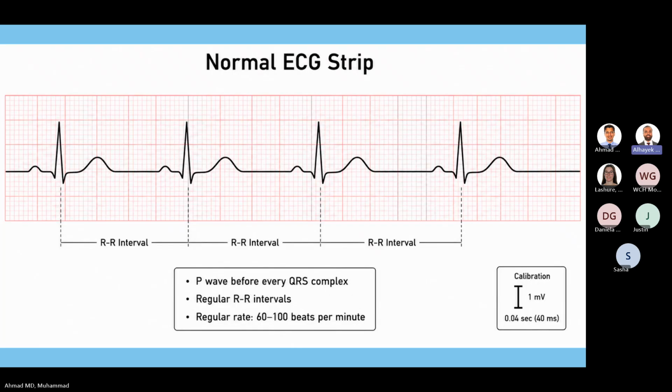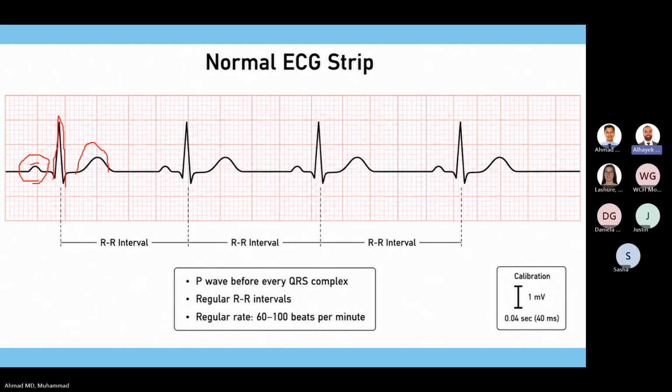So this is an image of a normal EKG strip. Right here is the P wave, which signifies atrial contraction. And then this is the QRS here, which signifies ventricular contraction.